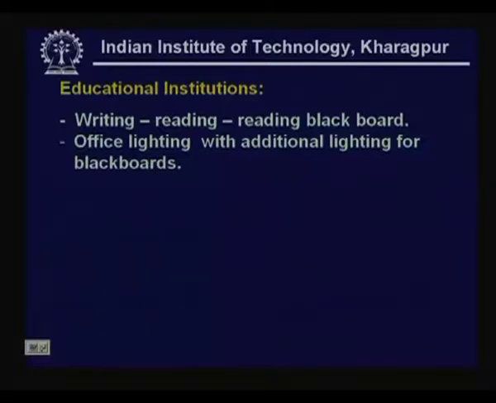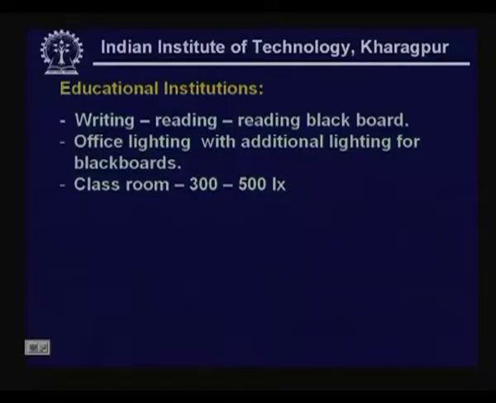This follows typical office lighting principles with an additional light provided over and above the blackboards or the chalkboards or the screens. Basically, they need a vertical illuminance on the board, and once it is placed right above the board, it enables glare-free observation.